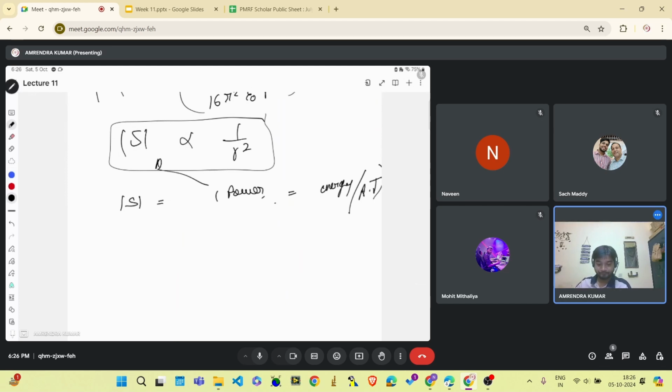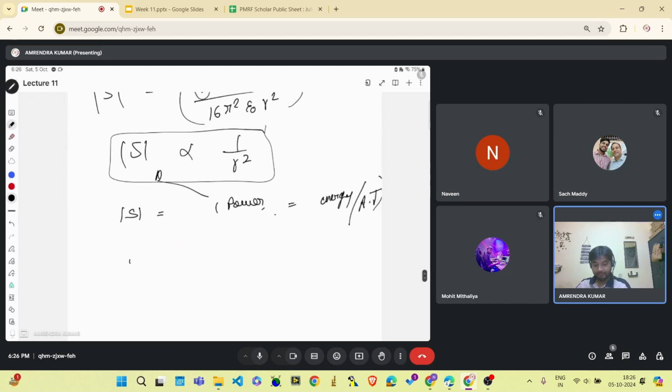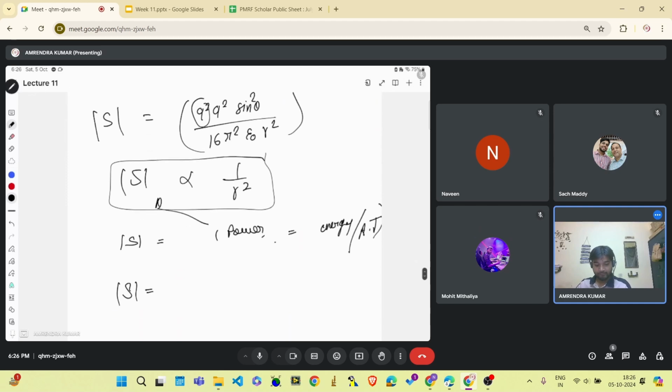and so from here we can see that S is Q square A square sine square theta over 16 pi square epsilon naught r square.